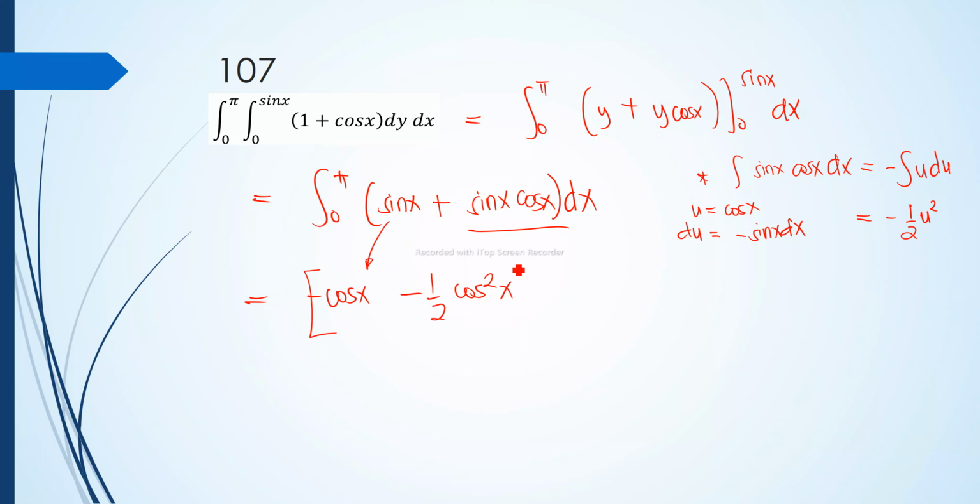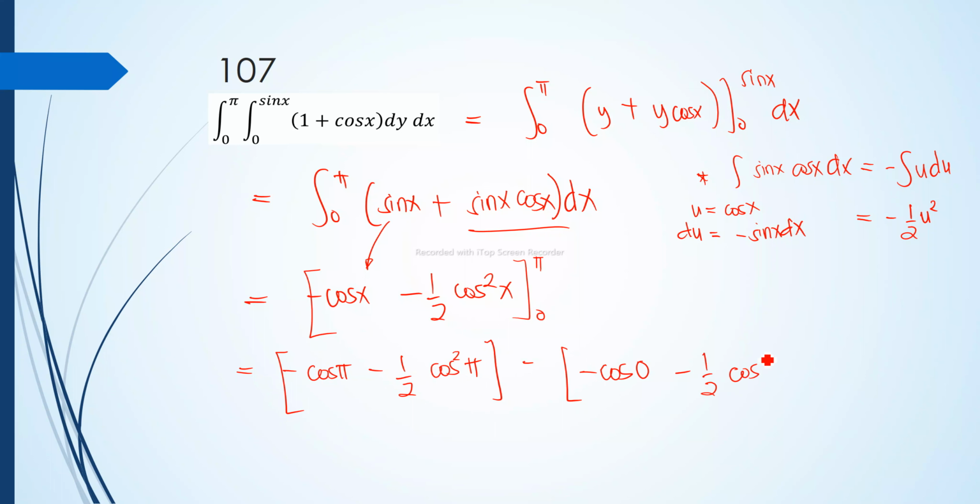And then this will be evaluated from 0 to pi. Then we will have negative cosine pi minus 1 half cosine squared pi, minus negative cosine 0 minus 1 half cosine squared 0.